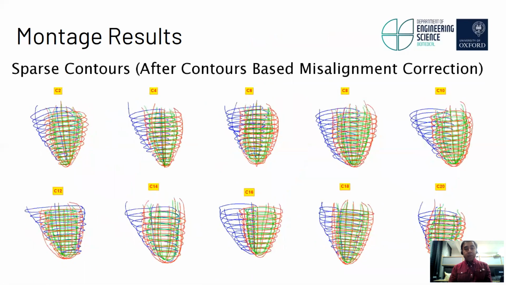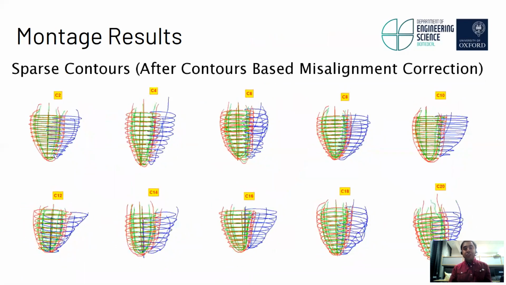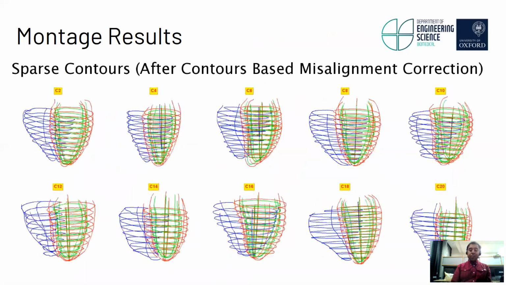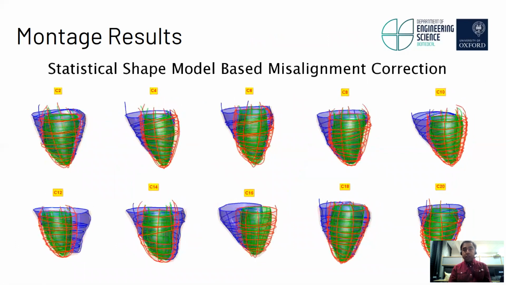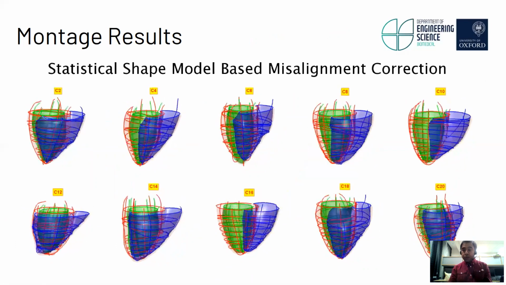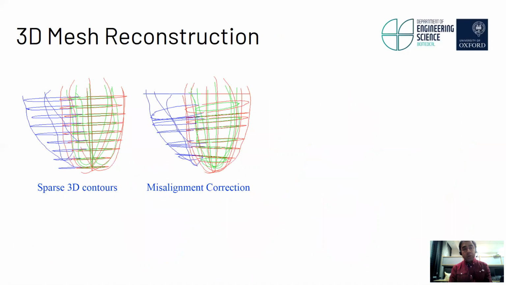Now, this is a montage of 10 reconstructed cases after our contour based and statistical shape model based method, to show how the method works. If we look closely into just one specific case, we see that initially the distance between the short axis and the long axis contours was very large and they were not very consistent. But after our optimal misalignment correction, we have been able to solve the problem quite significantly.